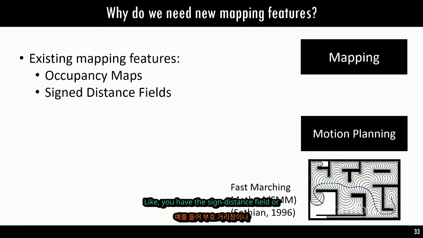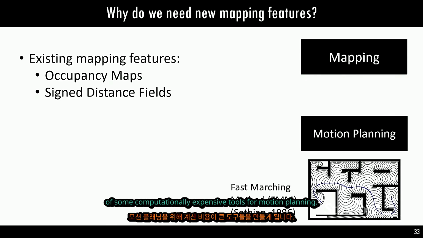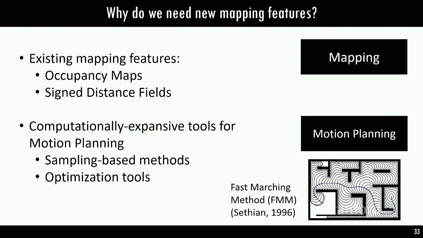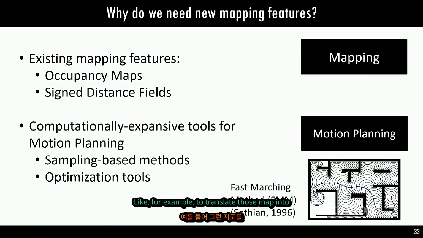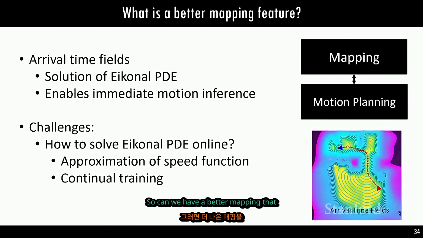You have the signed distance field or occupancy map that necessitates building computationally expensive tools for motion planning. For example, to translate those maps into C-space, you either have to use a sampling-based technique or optimization, and then you find a trajectory in your C-space. So can we have a better mapping that does not require these very complex tools?